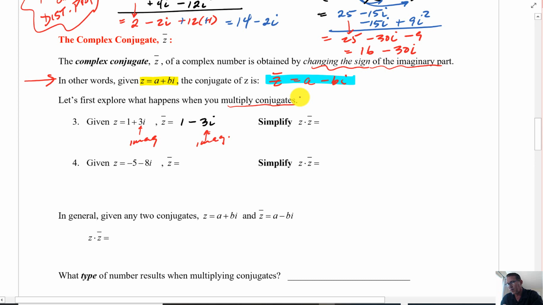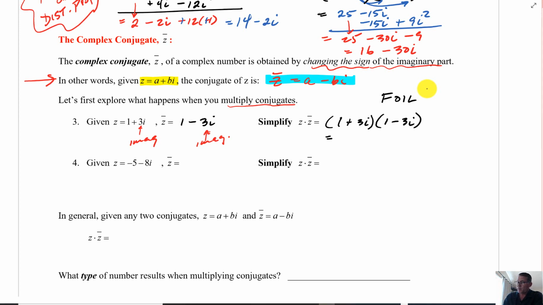Now, let's see what happens when you multiply conjugates. This is an important fact right here. What we're going to do is take 1 plus 3i times 1 minus 3i and see what happens. So 1 plus 3i times 1 minus 3i. And we're going to multiply. Whenever you multiply like this, you use FOIL or use structure.